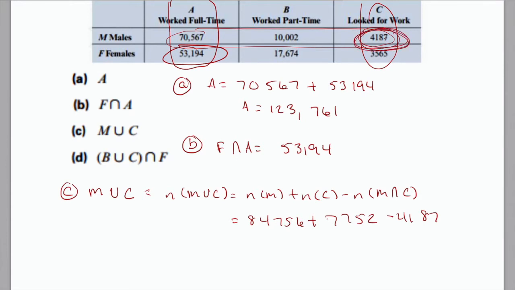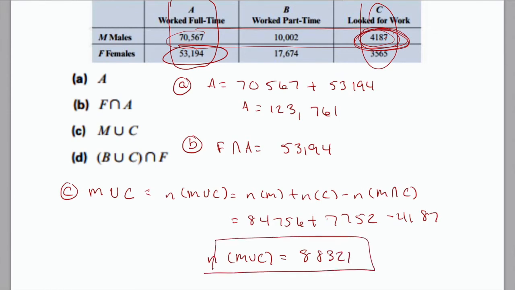Okay? So n(M union C), if you do the arithmetic, we're going to end up at 88,321, and that would be C.